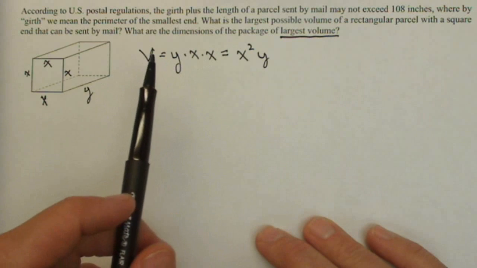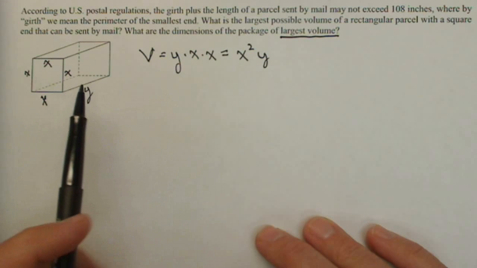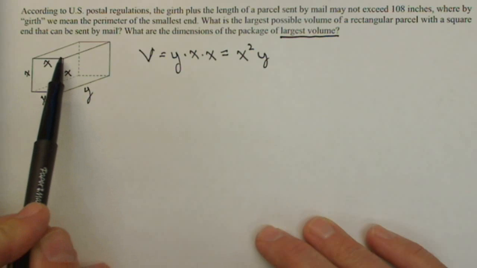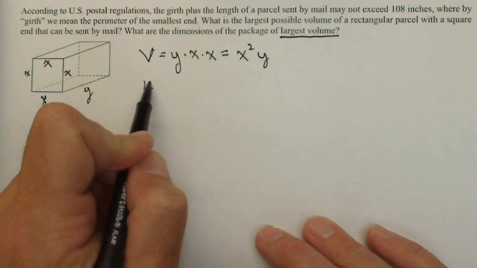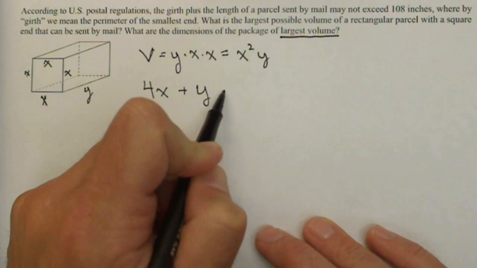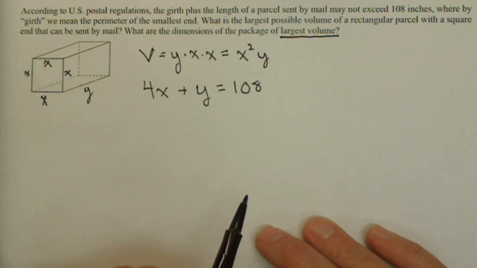Well, the problem tells us that the girth plus the length has to be 108 inches. So our girth is x plus x plus x plus x, so 4x, plus our length, y, that's going to be 108, as that's our constraint.